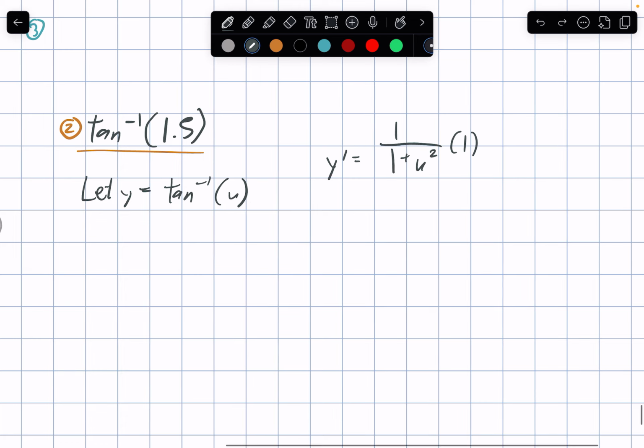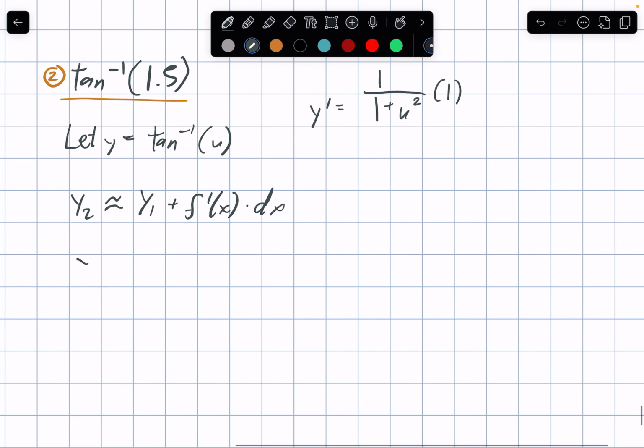This is a variable, so just u, its derivative is going to be just 1. So y2 approximately equal to y1 plus derivative times dx. Let's approximate what y1 could be.